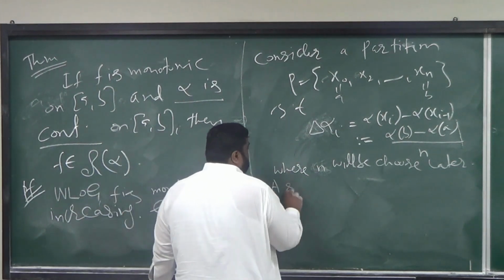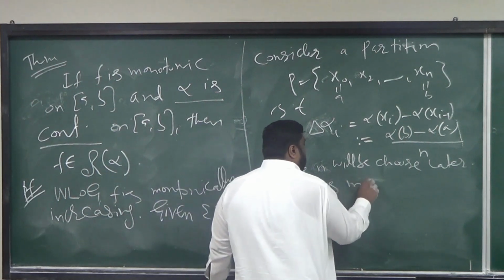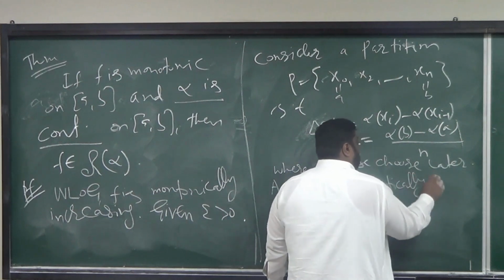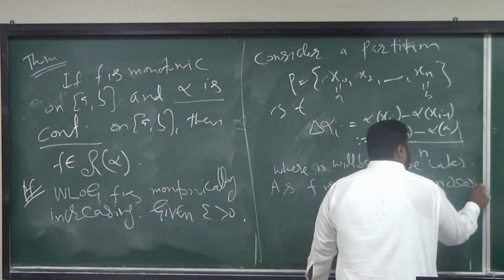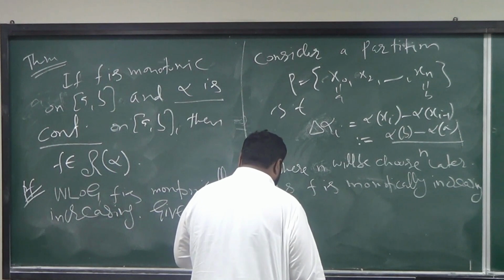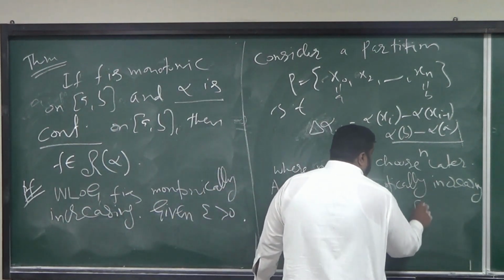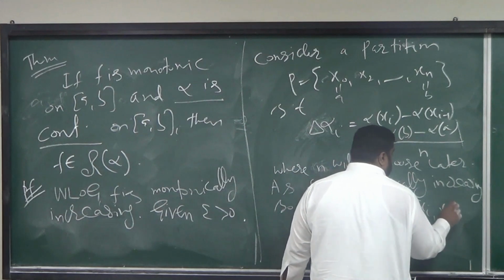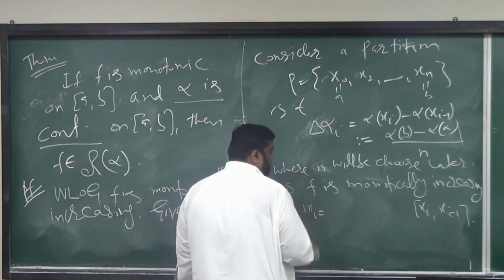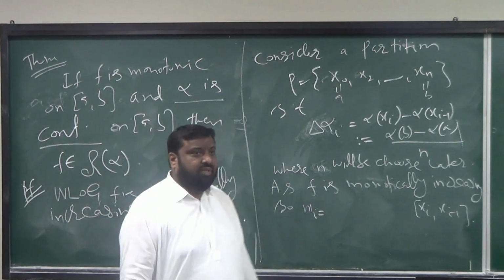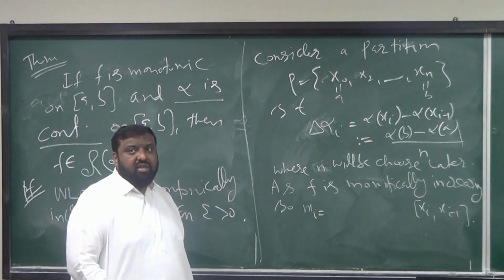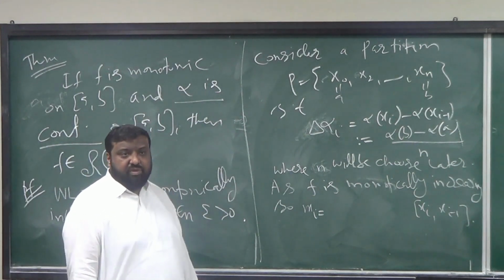Now, as f is monotonically increasing, on each subinterval xi and xi minus 1, what would be mi? Mi is the infimum of f of x, where x is between xi and xi minus 1. What would be mi?